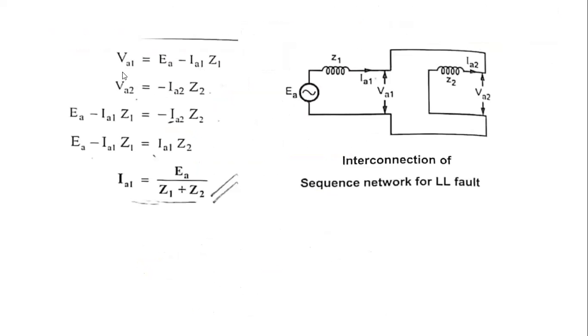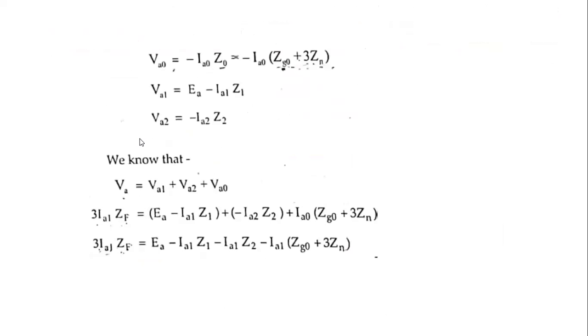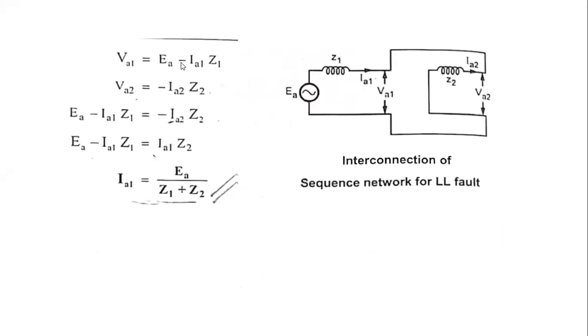Now we know the formulas for VA1 and VA2. What are the formulas? VA1 is equal to EA minus IA1 into Z1, and VA2 is equal to minus IA2 into Z2.